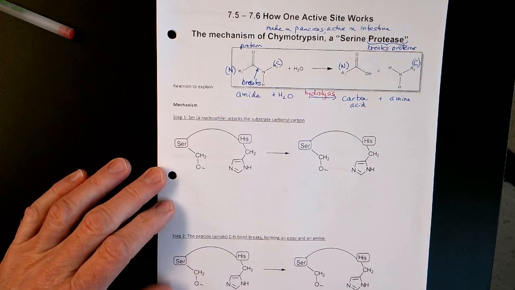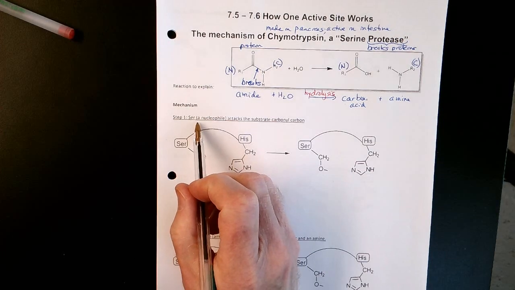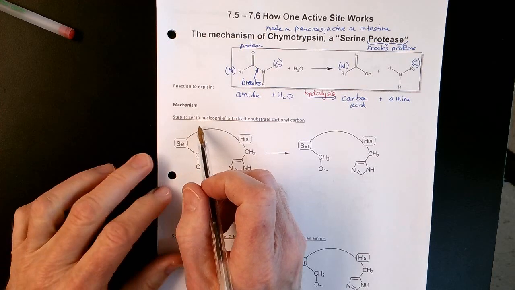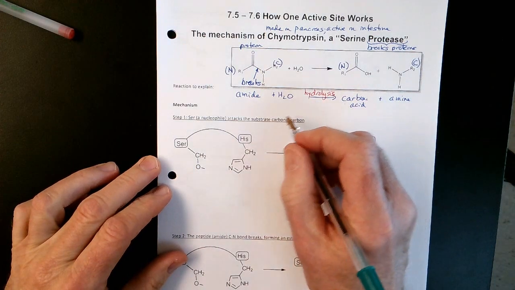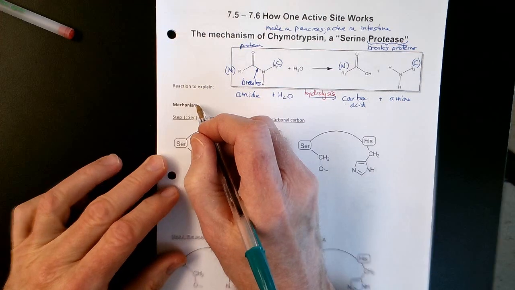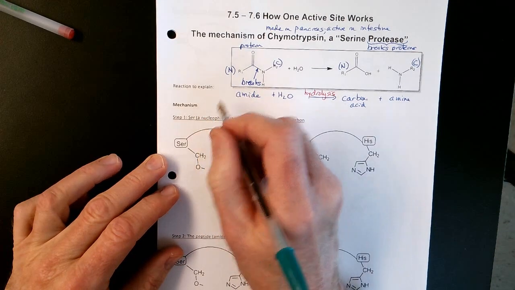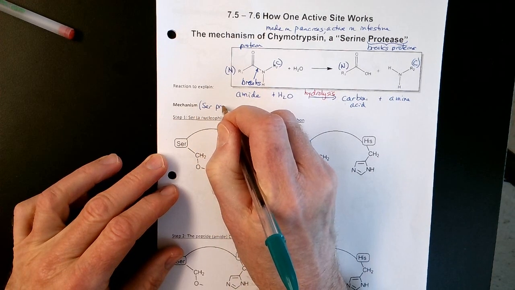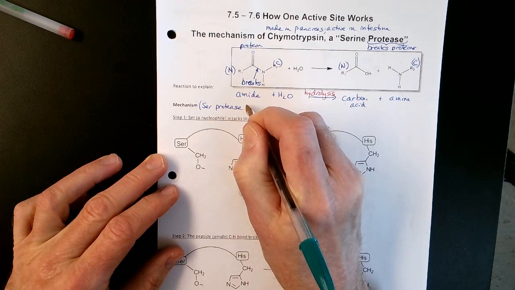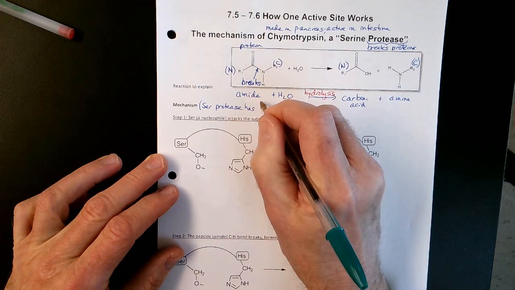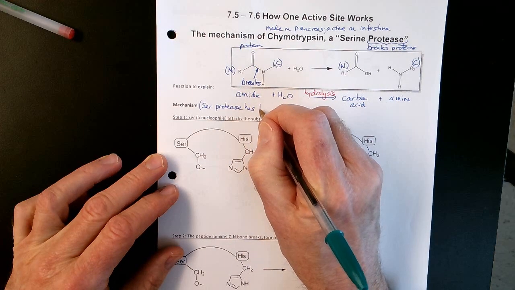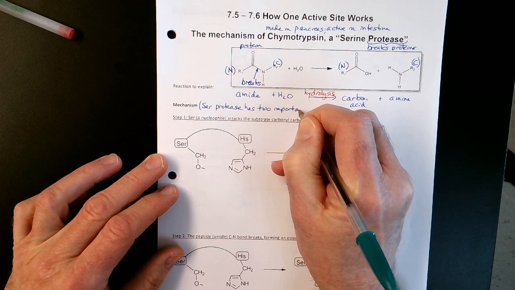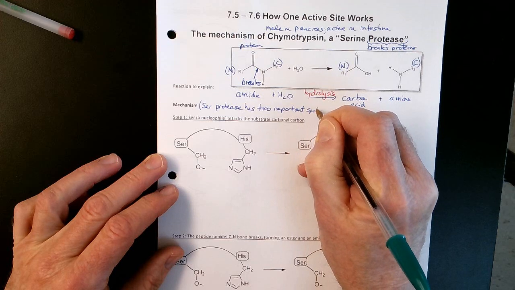So the mechanism. We're talking about step 1 right here. It says that serine, which is a nucleophile, attacks the substrate carbonyl carbon. And so the mechanism is something that we call a serine protease. It has actually 3, but I'm going to show only 2 important spots.